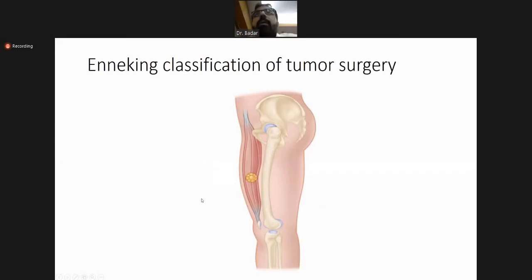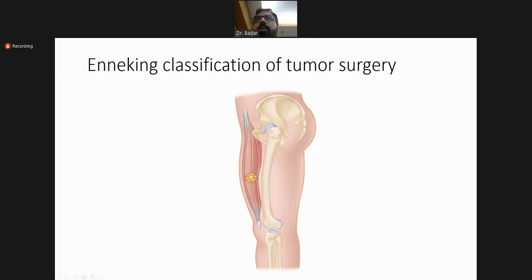First, we again repeat this classification. Enneking classified tumor surgery, and surgical resection depends upon intralesional, marginal, wide margin, or radical. Intralesional means you cut the tumor in half: half you leave, half you remove.